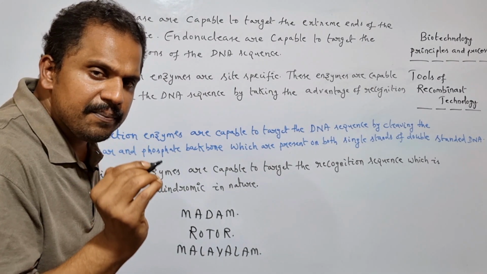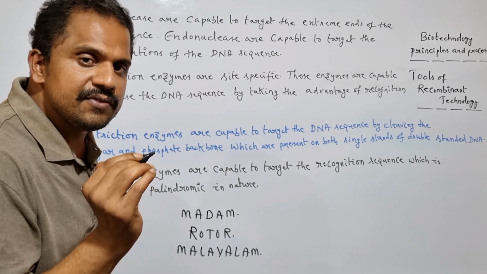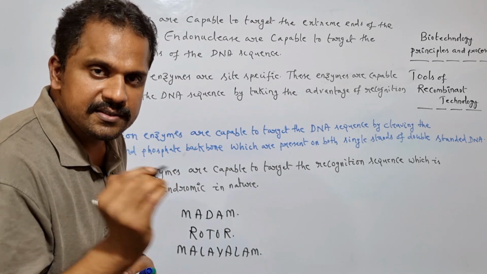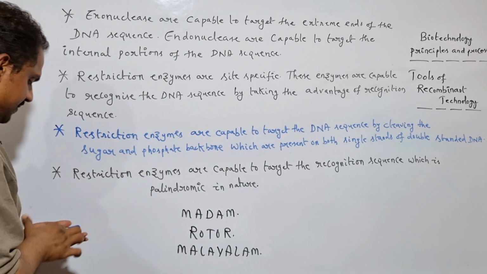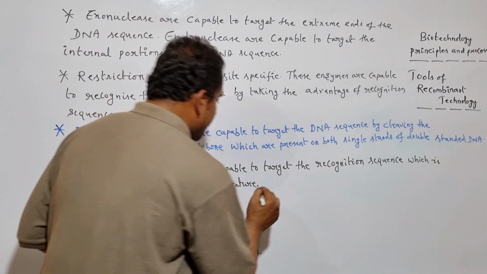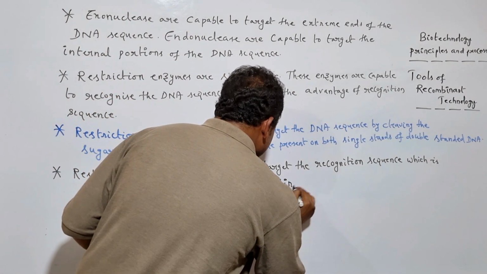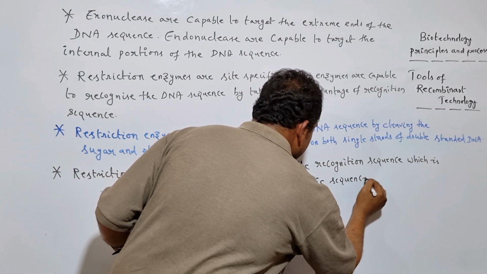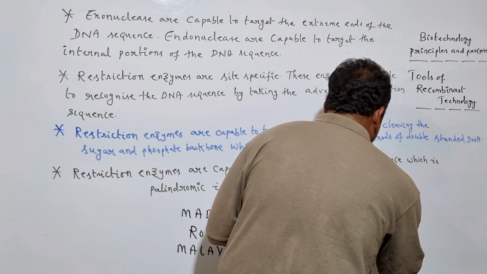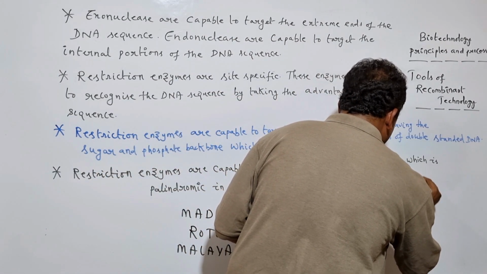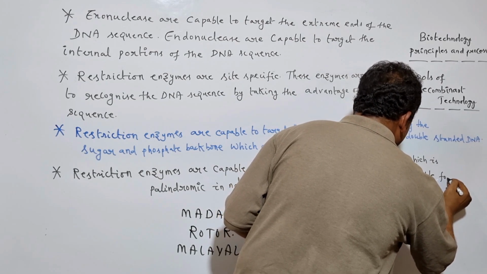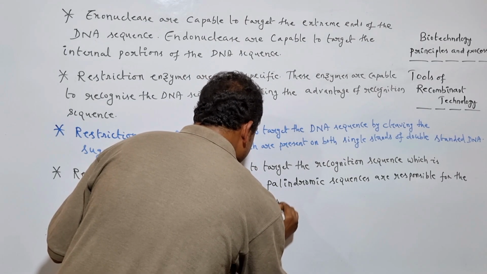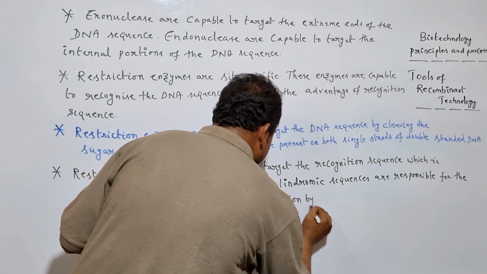Palindromic words. And if we apply the same concept to the base pair sequence which is present in case of the DNA, such specific base pair sequences are termed as what? Palindromic sequences. Is it clear? Palindromic sequences are responsible for the recognition by the restriction enzymes.